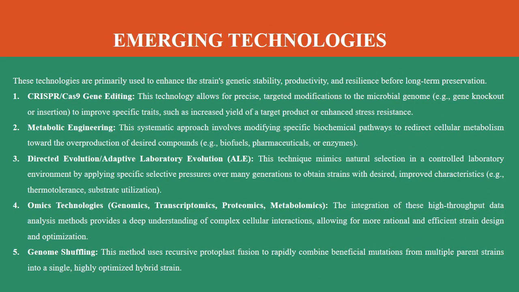The emerging technologies primarily used to enhance the strain's genetic stability, productivity, and resilience before long-term preservation are, first, CRISPR/Cas9 gene editing. This technology allows precise, targeted modification of the microbial genome, for example gene knockout or insertion, to improve specific traits such as increased yield of a target product or enhanced stress resistance.